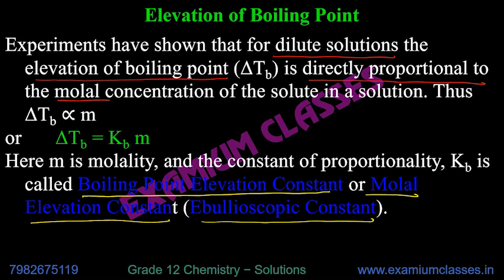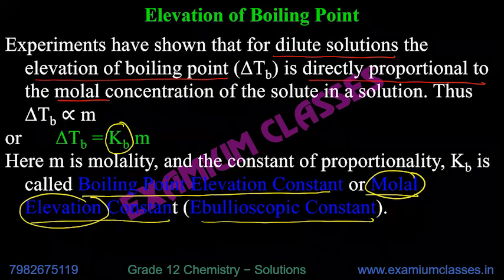The constant of proportionality KB is the boiling point elevation constant, as there is elevation in boiling point. So that's why the name is straightforward. Or molar elevation constant because it is related to molality and it is elevation, or ebullioscopic constant. Ebullioscopic itself means related to boiling.